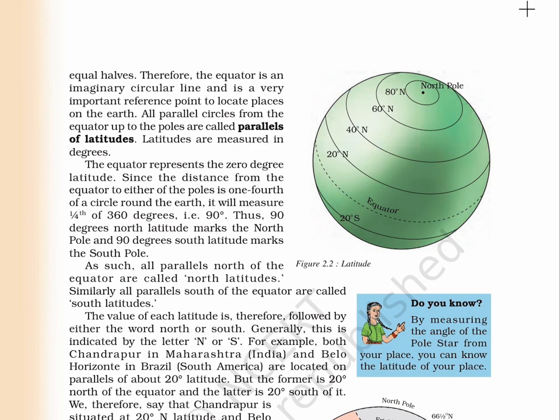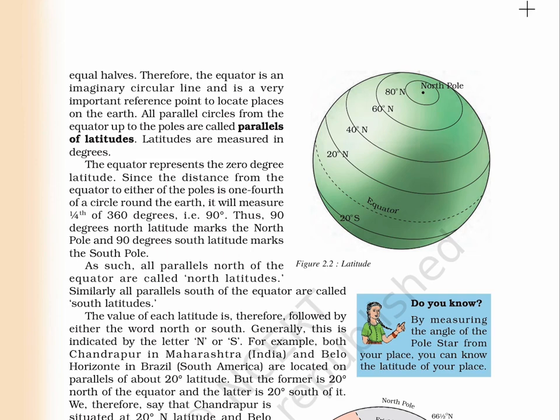Figure 2.2 shows latitude. We can see the North Pole, 80 degrees north latitude, 60 degrees north latitude, 40 degrees north latitude, 20 degrees north latitude, equator, 20 degrees south latitude.